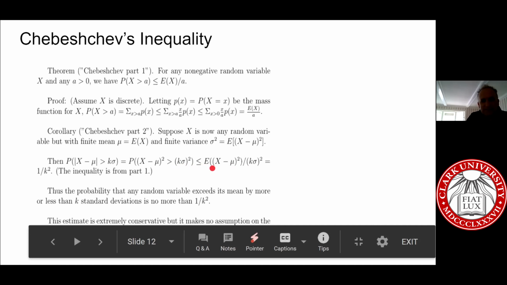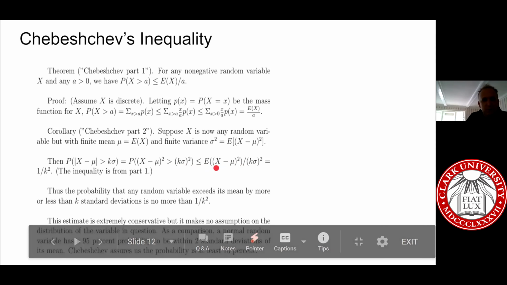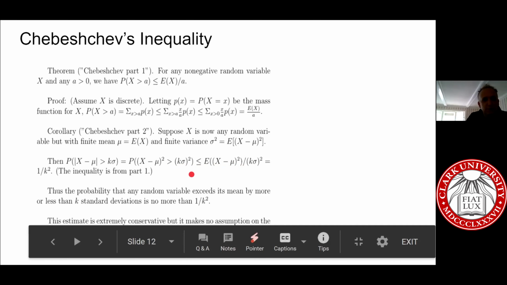But what is the expected value of the numerator? It's the expected value of the difference of X with its mean, squared. That's the variance. So sigma squared cancels, leaving 1 over k squared. So the mean and the variance do not appear over here if you formulate it right.